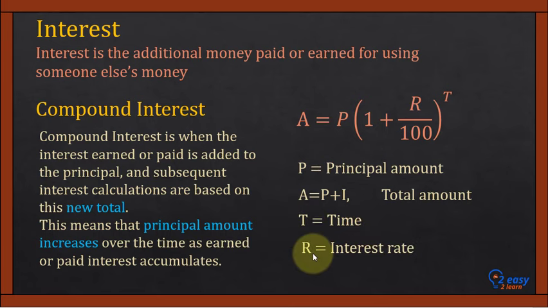R is the interest rate, and it is usually based on an annual basis. I is the interest earned at the end of the decided time period. So it is calculated by subtracting the principal amount from the total amount. So I is equal to A minus P.